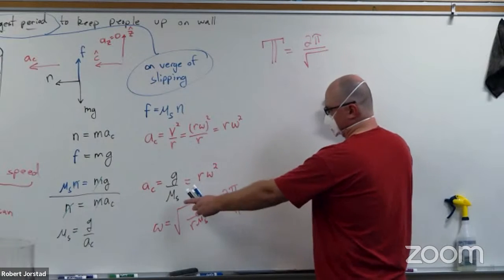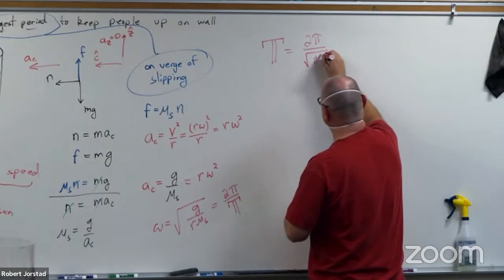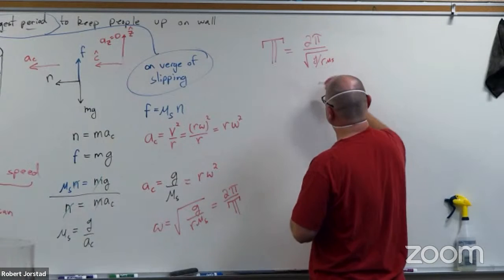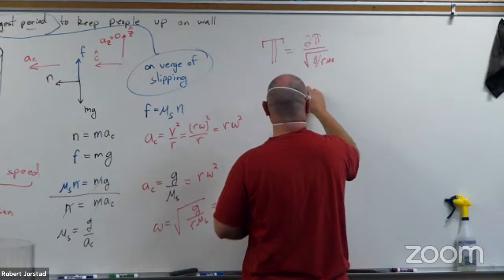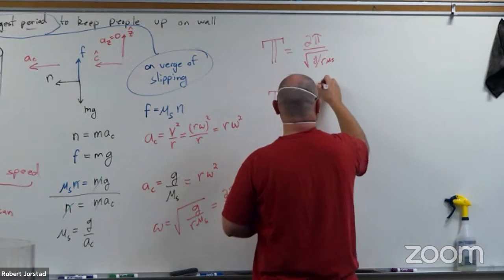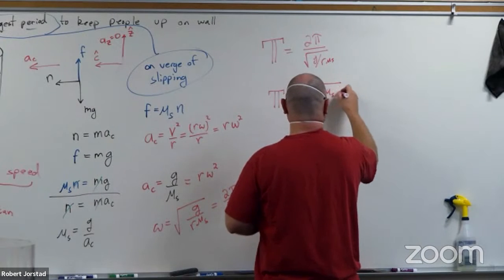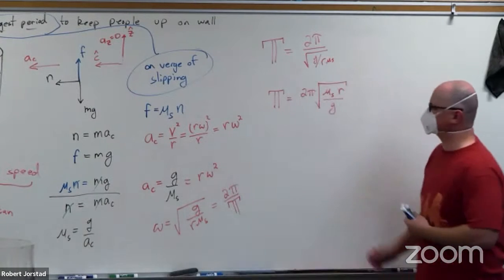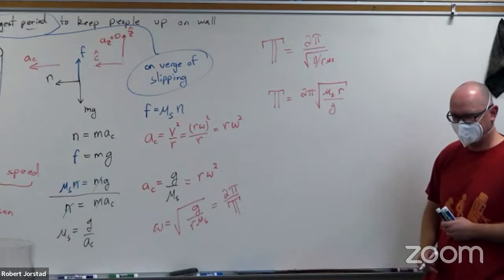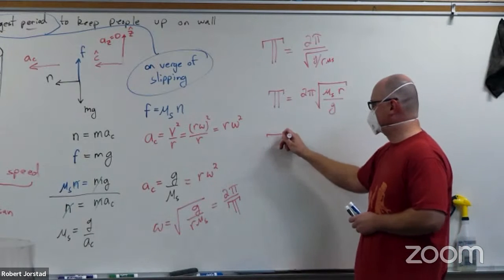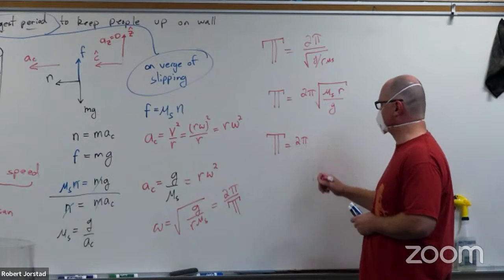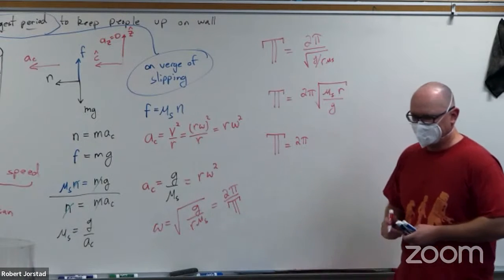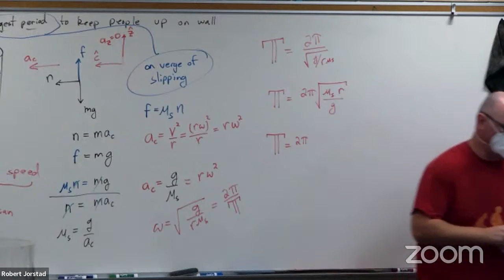Just multiply here and divide that under. So the period is equal to 2 pi times the square root of mu static R over G, right? You could just flip the square root upside down. Let's plug in some numbers. I've got one right here.